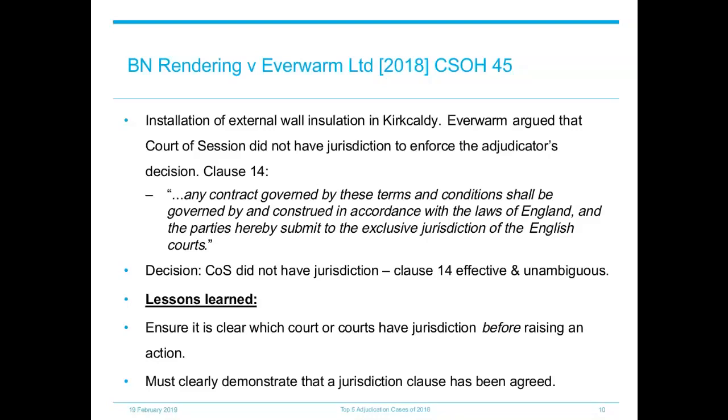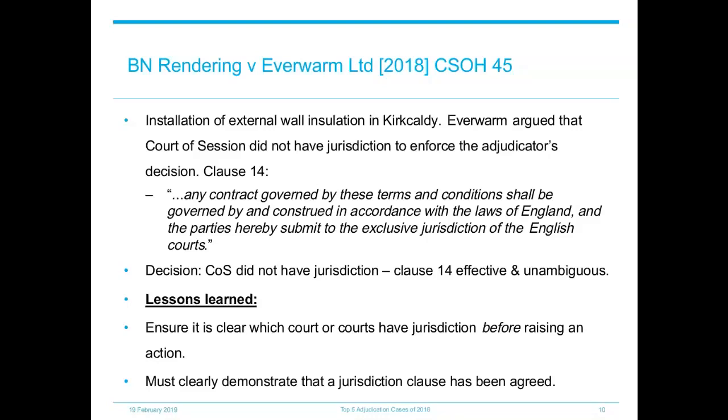BN Rendering argued that although Everwarm's subcontract terms and conditions formed part of the contract, BN Rendering had not provided the necessary consent to Clause 14, required under the Civil Jurisdiction and Judgments Act 1982. Also, BN Rendering referred to the European Court of Justice case of Estasis Salotti di Colzani Aimo e Gian Mario Colzani against RUWA as authority for a signature being required for consent to an exclusive jurisdiction clause.